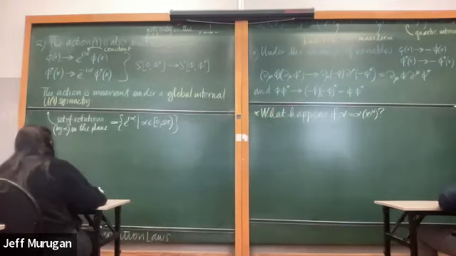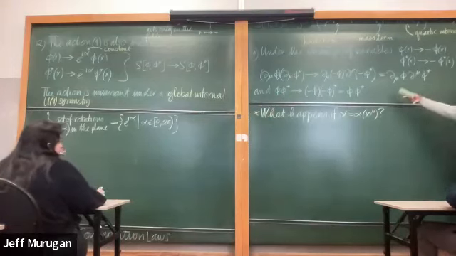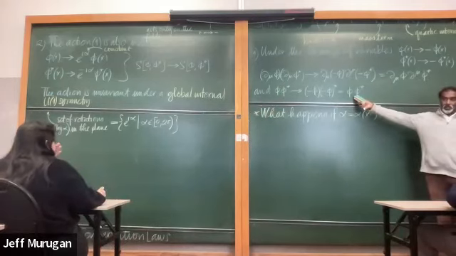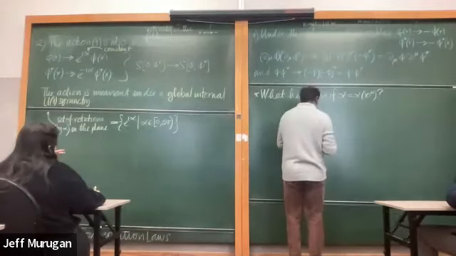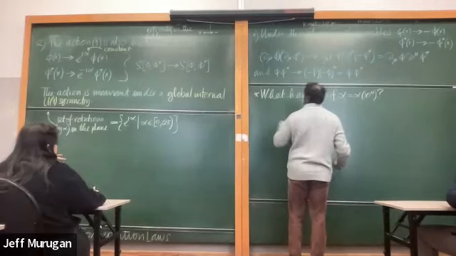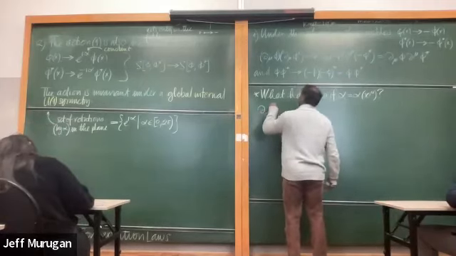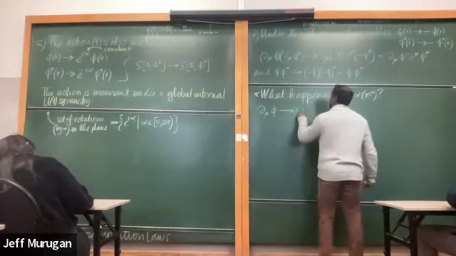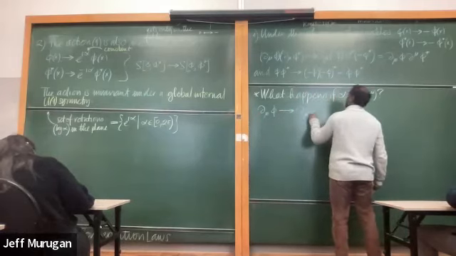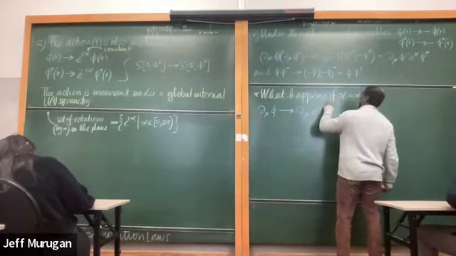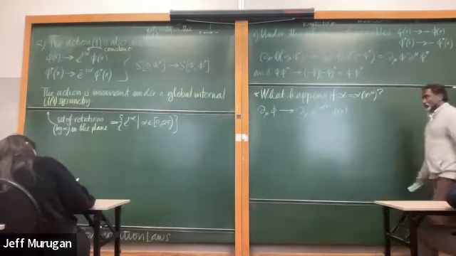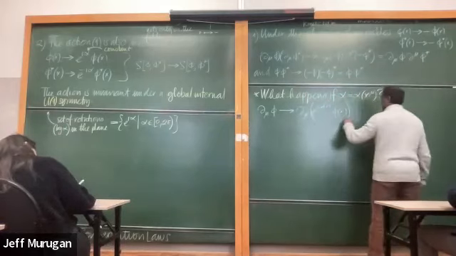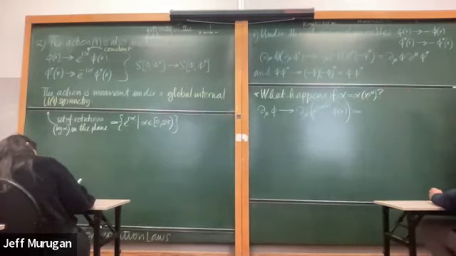Well, in this case, clearly the quadratic terms and consequently the quartic term will be invariant, no problem there. However, the kinetic term now, d mu phi goes to d mu of e to the i alpha of x times phi of x. Okay.